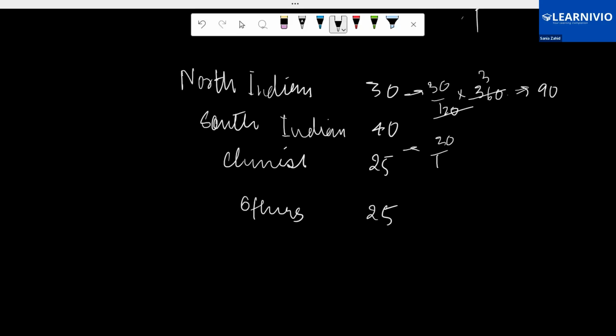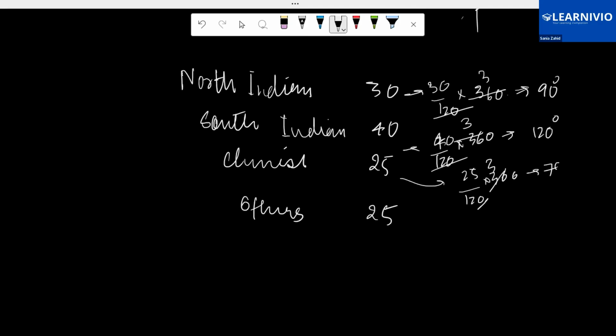Then South Indian is 120 degrees, correct. And then Chinese is 75. Good. Next, others is 75.